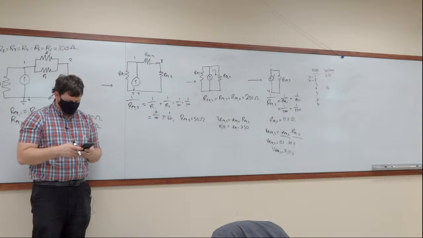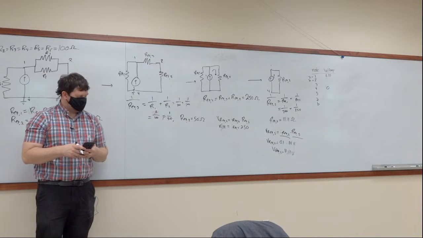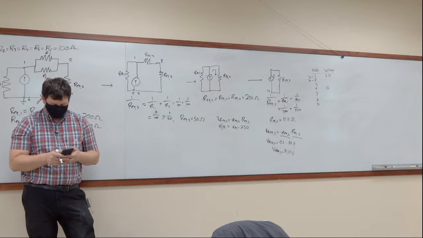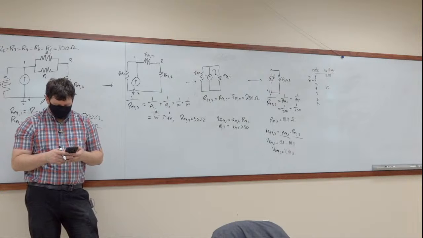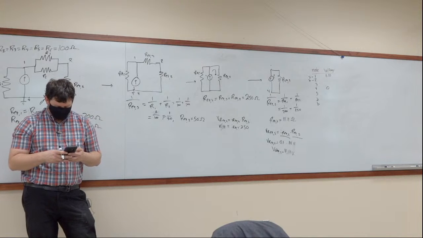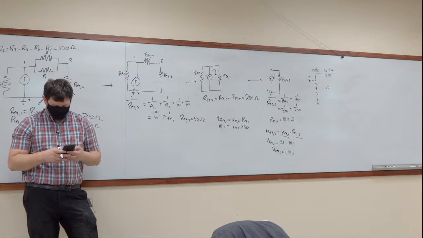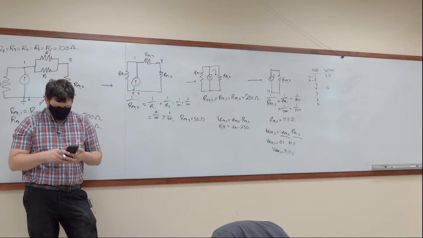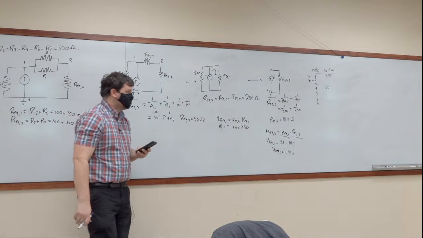So quick maths. I kind of figured out where we were at. What are we solving for? We're trying to figure out the current in REQ4. 11 divided by 250. 0.044.